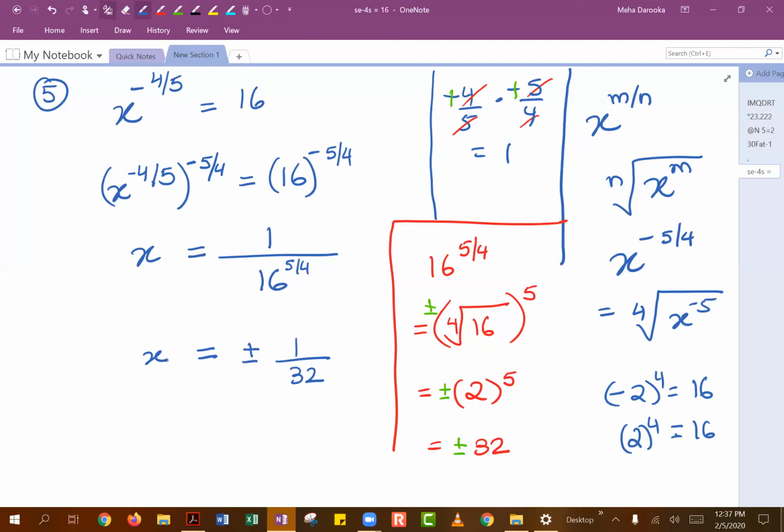Now the idea is you're taking 16, raising it to the 5th power, whatever that number comes out to be, then you're taking the 4th root. So that would be one way of doing it.